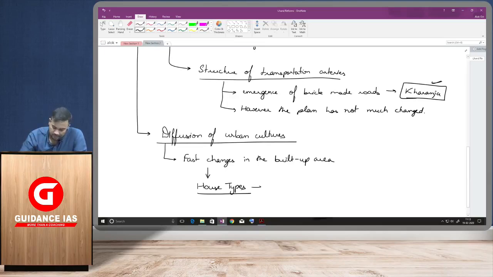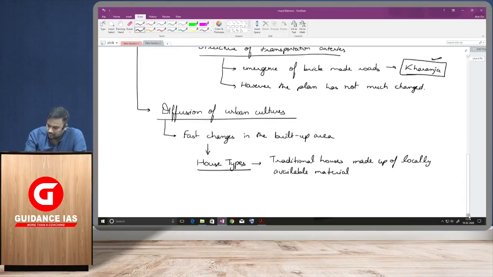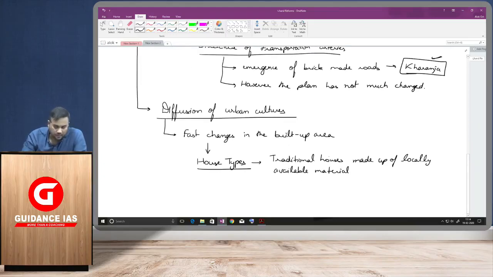Okay? So where traditional houses made up of locally available material, ठीक है। और यहाँ पर ट्रेडिशनल, यहाँ पर एक वर्ड ऐड कर सकते हो तो कर लो, single story.